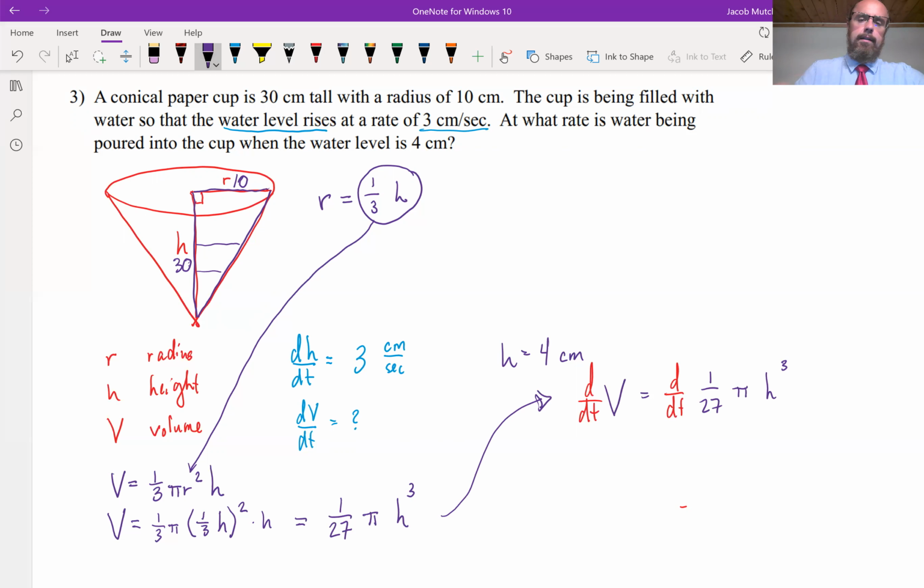So right away I get the rate dV/dt, which is what I'm looking for, equals the derivative of a 27th pi h cubed. So my constant coefficient there is going to be 1/27 pi, and then times the derivative of h cubed. So that's going to be 3h squared, and then dh/dt.